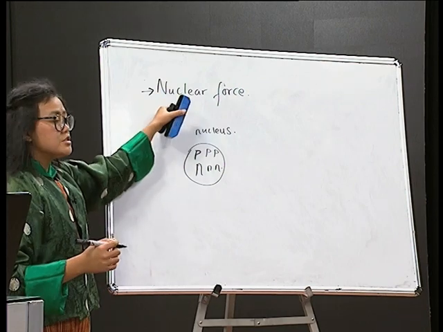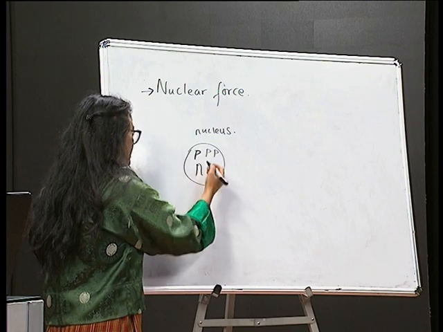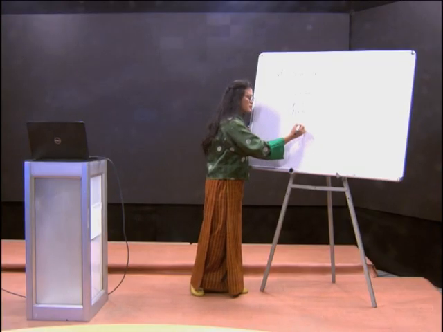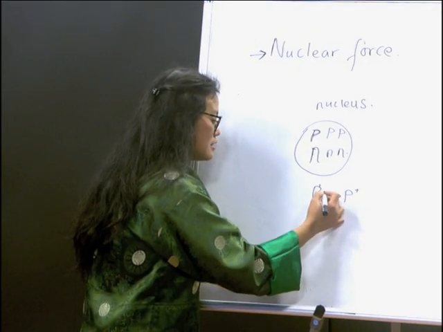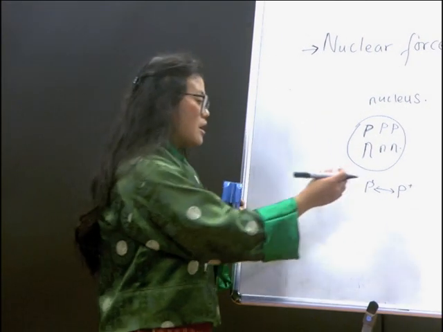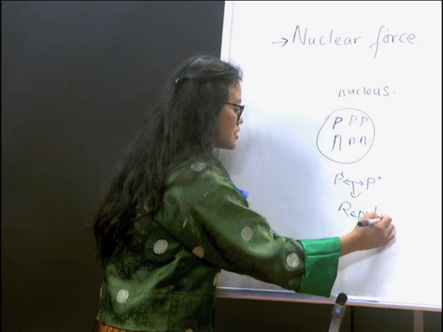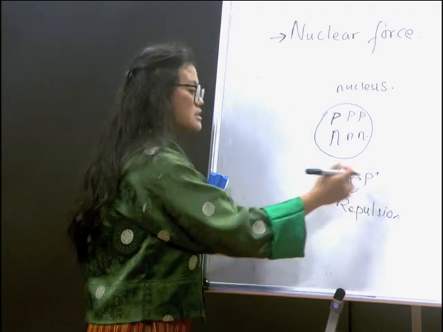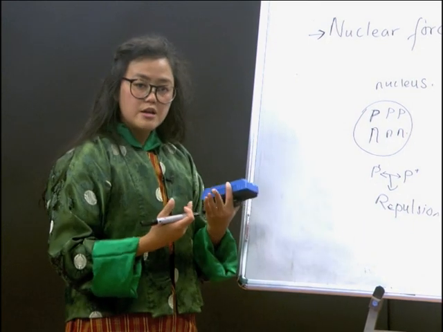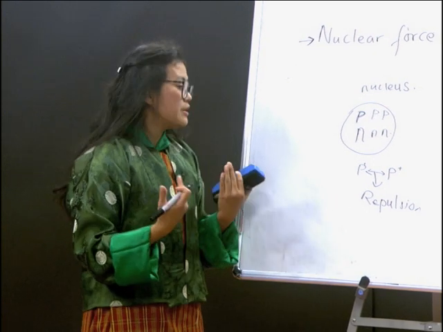So there are many protons as well as many neutrons. Now what is the function of this nuclear force? Inside the nucleus, protons, what's the nature? They are positively charged. So how is the effect between these 2 protons? The force called repulsion will take place since they are of the same charge. So because of this repulsion, the protons will be moving apart.